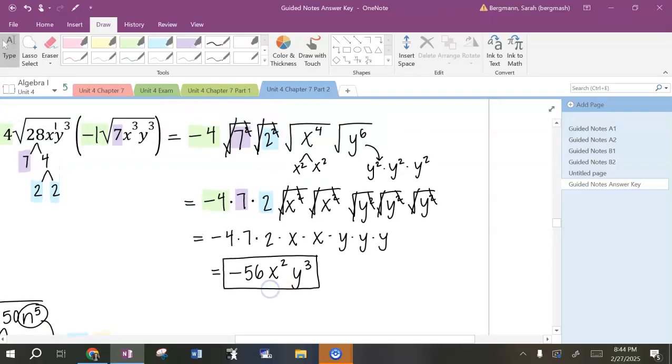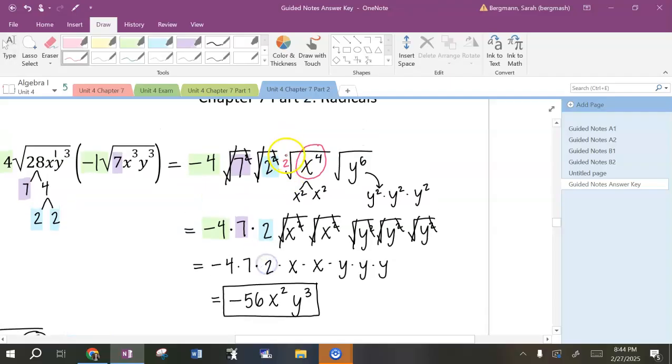Remember yesterday we talked about the shortcut: with x to the 4th under a square root, how many groups of 2 can you make?